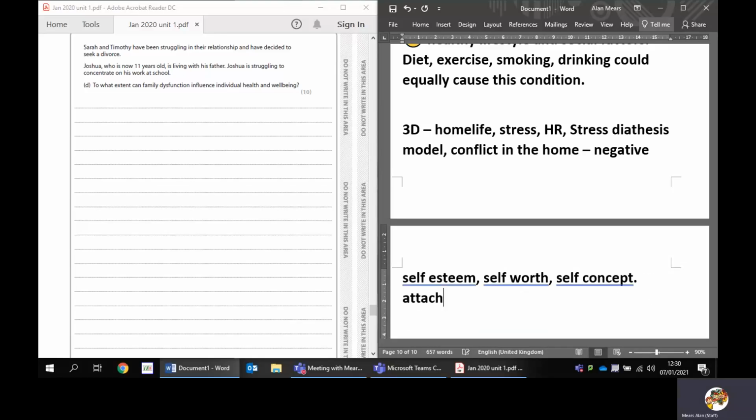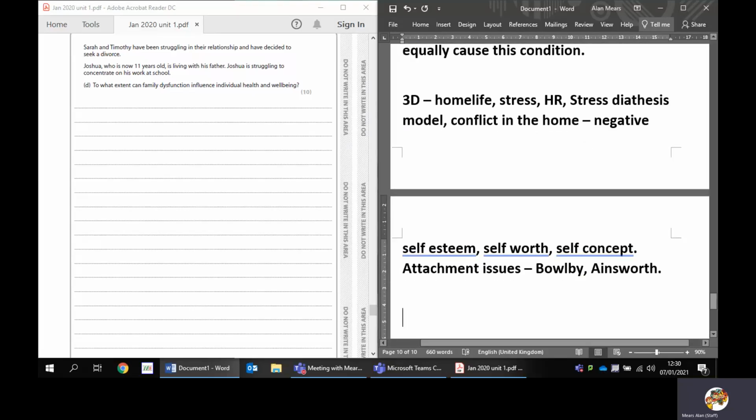We can talk about attachment issues, bringing in Bowlby or Ainsworth, whoever we want to bring in there. So again, there are arguments we can look at that could support this, and that dysfunctional families may have a negative impact on self-worth and well-being.